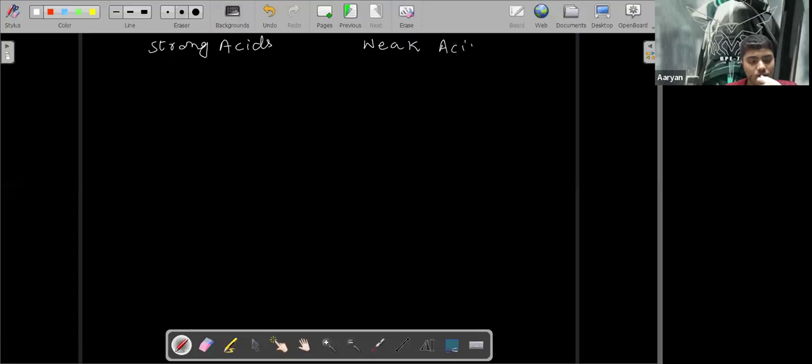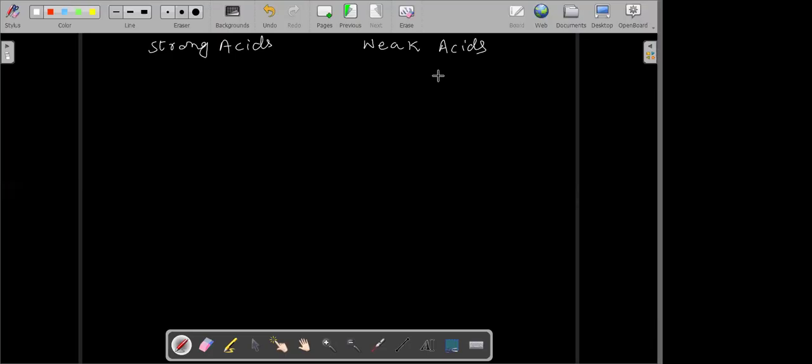Whereas weak acids partially ionize, that is, they give out less concentration. Okay. So strong acids completely ionize or completely dissociate, whereas weak acids do not completely ionize.